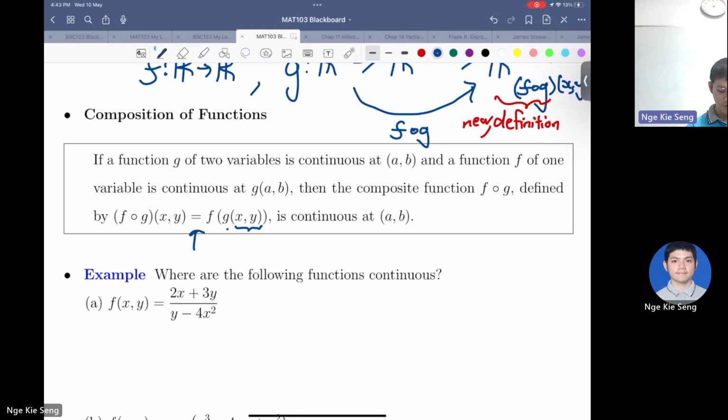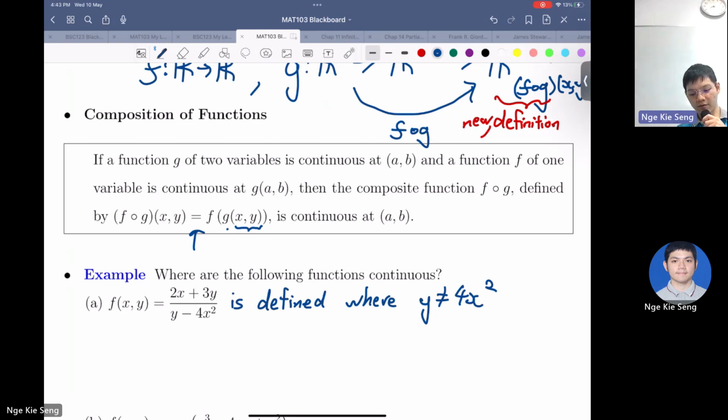Talk about defined first. So this is defined where y is not equal to 4x squared. Okay. So this is the natural domain. The natural domain is where (x,y) such that y is not equal to 4x squared.